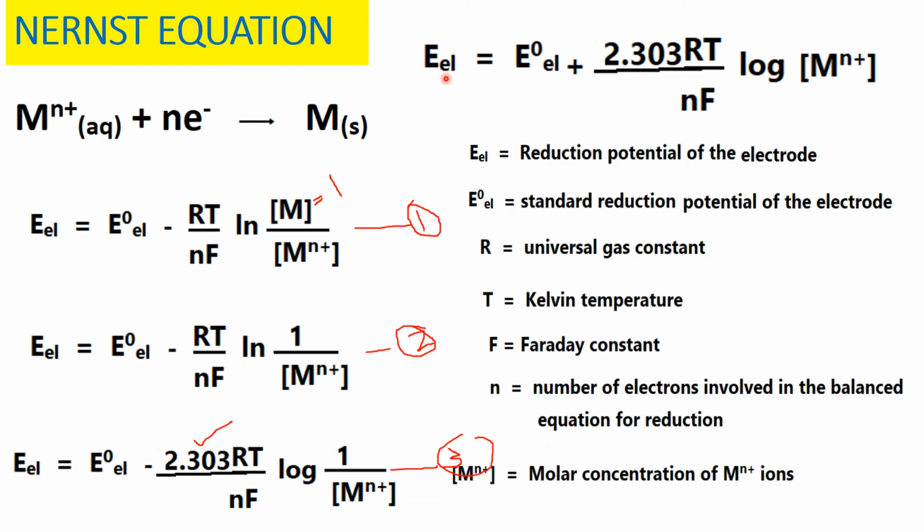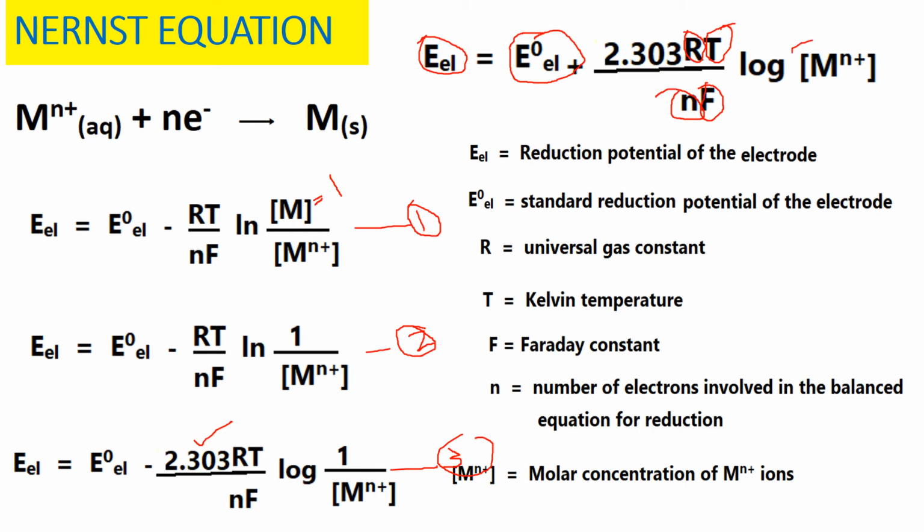where E electrode is the reduction potential of the electrode. E0 electrode is the standard reduction potential of the electrode. R is the universal gas constant, T is the Kelvin temperature, and F is the Faraday constant, whose value is 96,500. n is the number of electrons involved in the balanced equation for reduction.